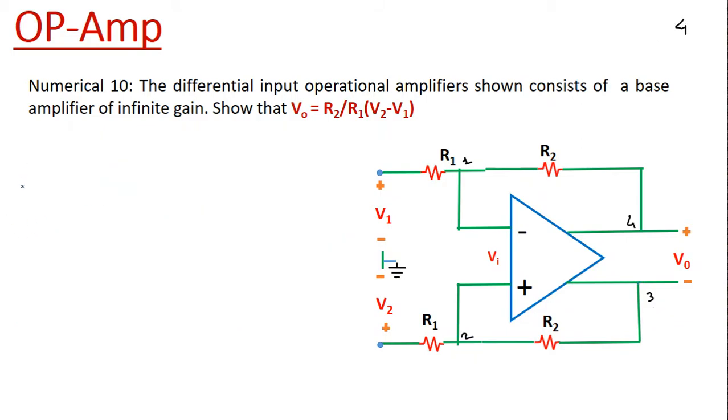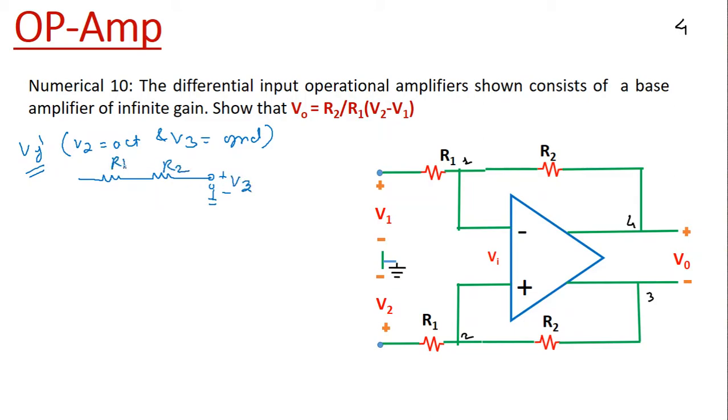Now first we find out Vy dash. So Vy dash is found out when V2 is acting and V3 is ground. So the circuit diagram will look like this. This is V3, this is R2, this is R1 and this is Vy dash. This is ground, so V3 will be equal to 0 and here the voltage V2 will exist.